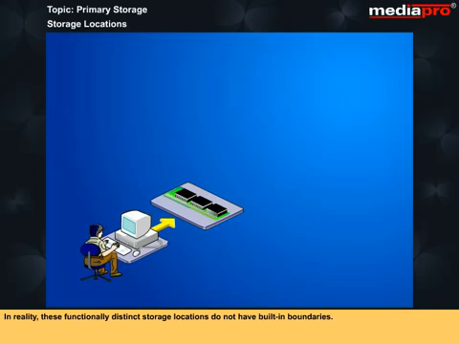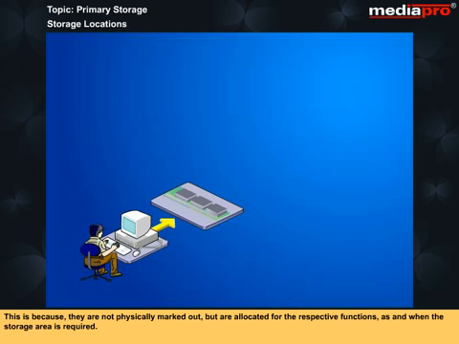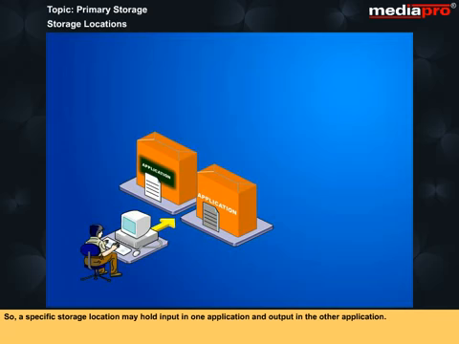In reality, these functionally distinct storage locations do not have built-in boundaries. This is because they are not physically marked out, but are allocated for the respective functions as and when the storage area is required. So, a specific storage location may hold input in one application and output in the other application.